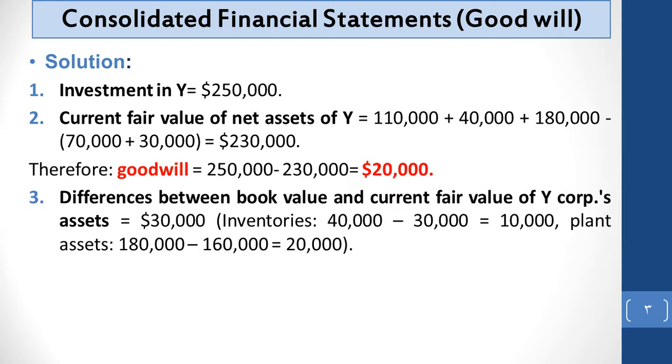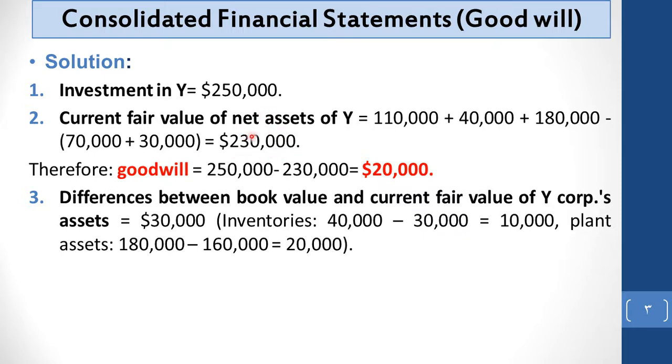As in the previous example, step number 1 in the solution is to get the investment in Y, which is given for $250,000. Step 2, calculate the current fair value of net assets of Y. How? We add all the current fair value of assets of Y minus the current fair value of liabilities. The result will be equal to $230,000.